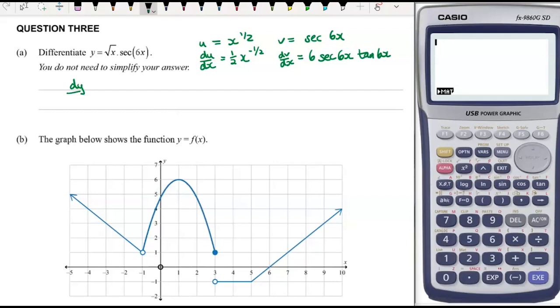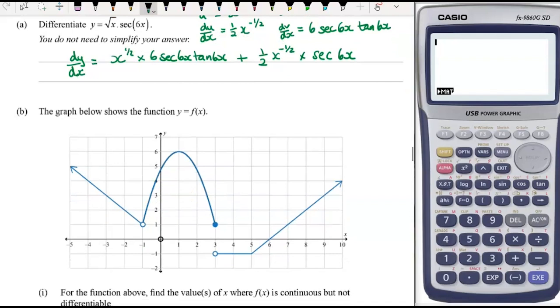So dy by dx will be u times dv by dx, so x to the half times by 6 sec 6x tan 6x, plus v times du by dx, so half x to the minus a half times sec of 6x, and it tells us we don't need to simplify, so I'm not going to.